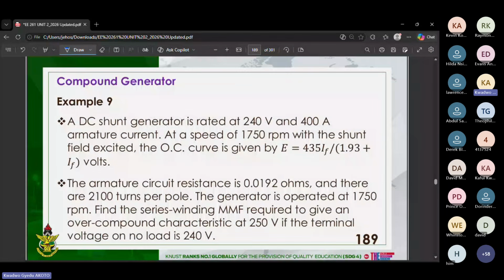We are going to look at our generator at the constant speed, right? So find the series winding MMF required to give an over-compound characteristic at 250 V if the terminal voltage on no load is 240. So with this one, we are trying to generate a terminal voltage VA of 250 because it's going to be transmitted, and then after transmission losses, we are going to have it down at 240 at the site of use, right?